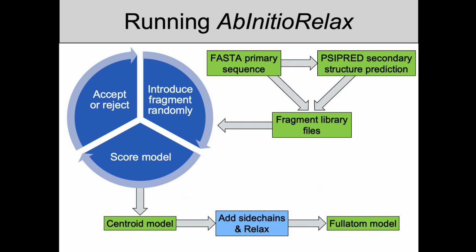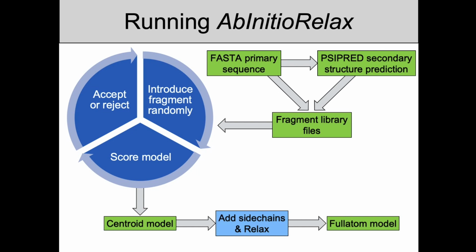So if you have your FASTA file and you have your fragment files, how does that all come together to predict the structure of a protein? Well, the procedure is actually kind of underwhelming. Essentially, we're going to randomly insert a fragment in our protein.